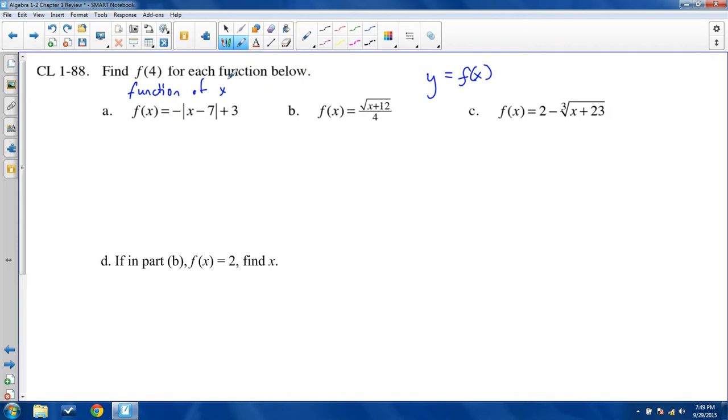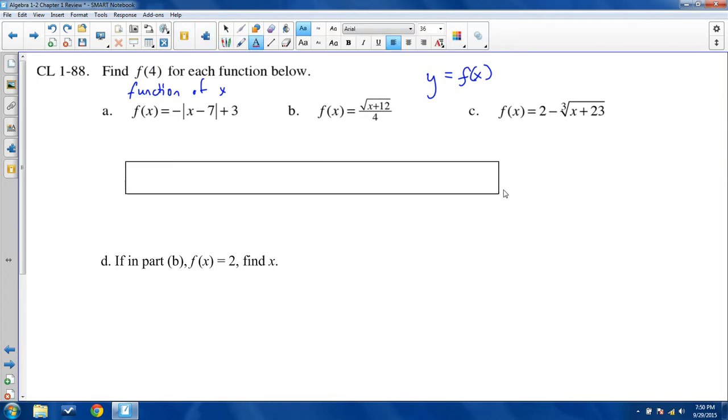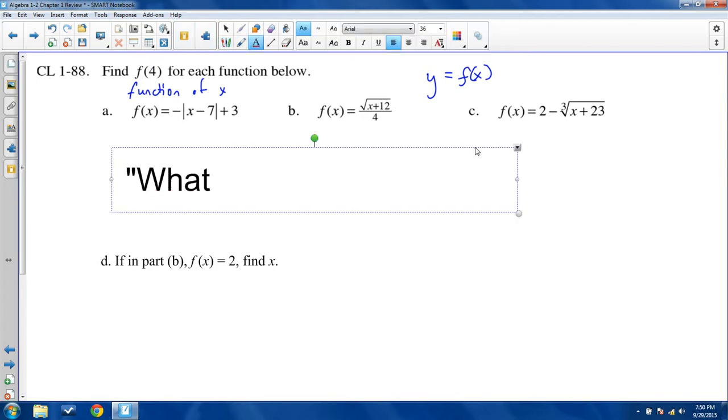The second reason is, you'll find other reasons when you take calculus for why this is better. It's just another way of saying, what is y when x equals blank? What is the value, what is the output, y, when x equals whatever number is inside there?